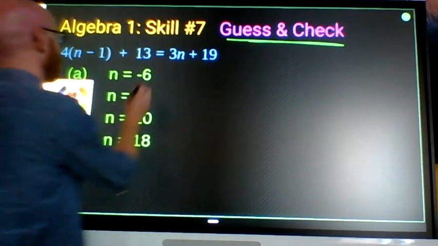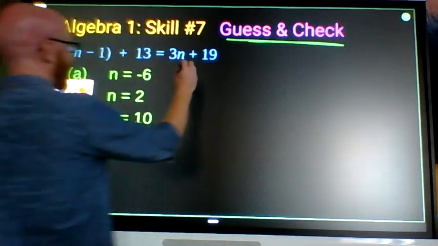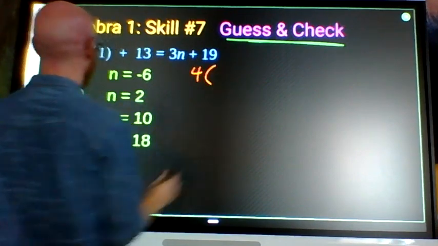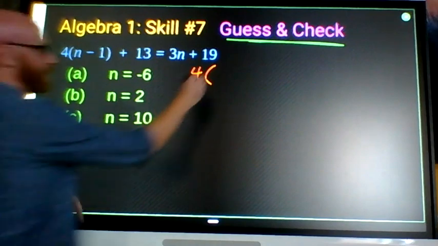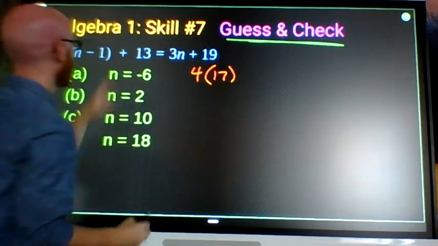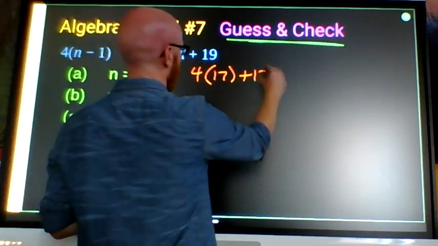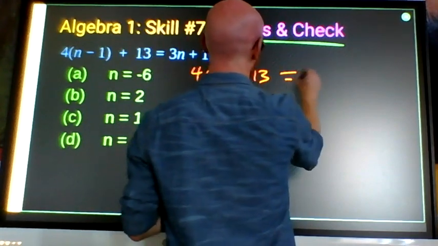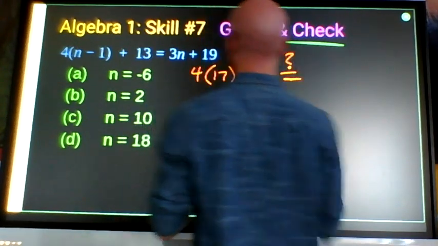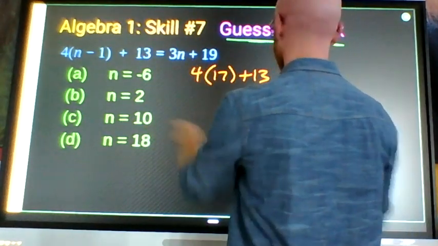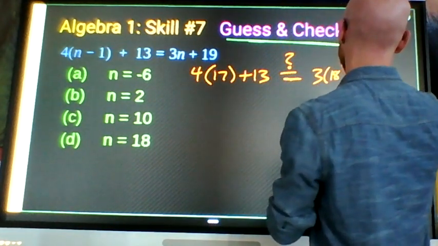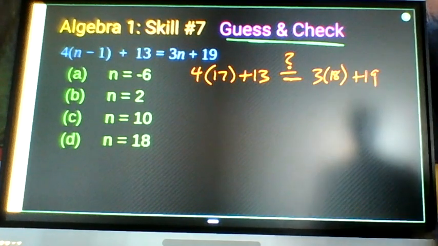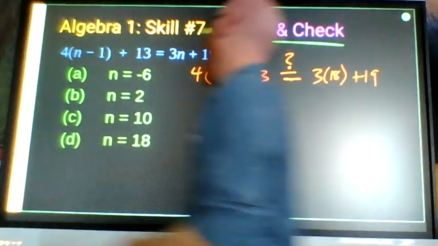If I replace n with 18, then doing some math in my head, 18 minus 1 is 17 plus 13. Does that equal 3 times 18 plus 19? We do our math on each side.